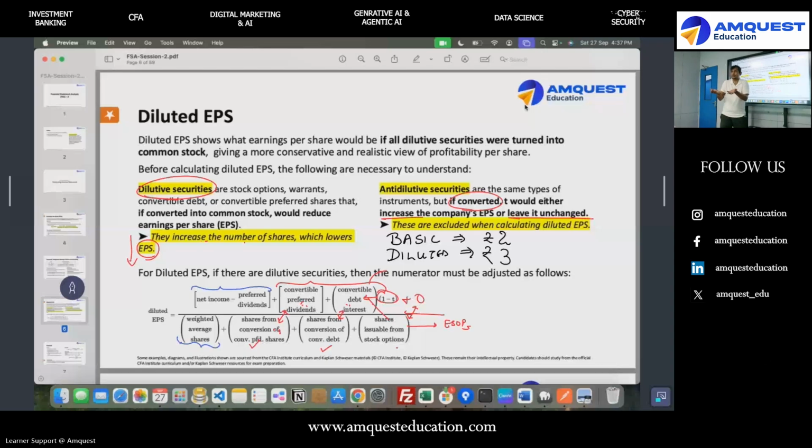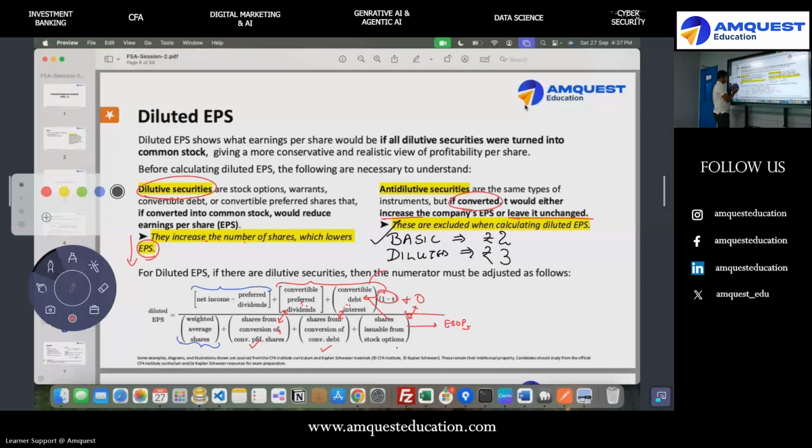How is it possible? Maybe I saved some more. Now tell me, basic 2 rupees. What is diluted EPS? This is a computation. It gave you 3. What will you report to the shareholder? Diluted EPS, 3 rupees? Will you say that? What will you tell the shareholder?